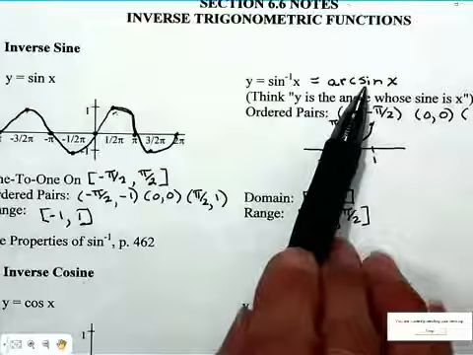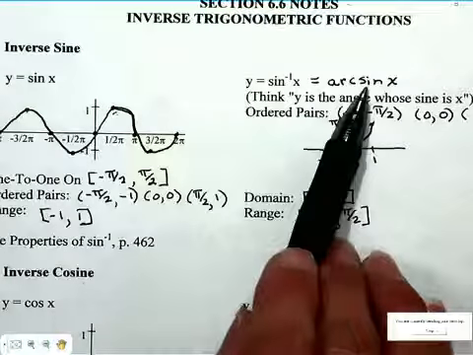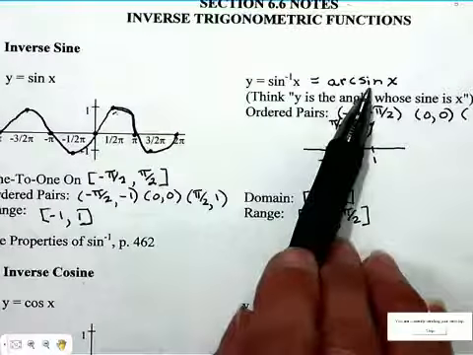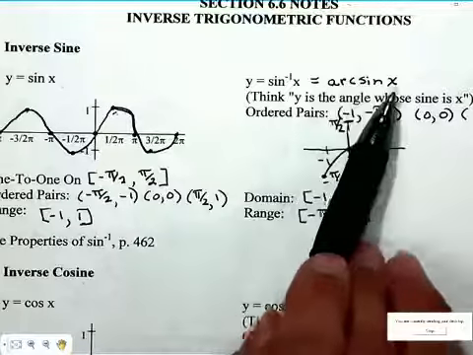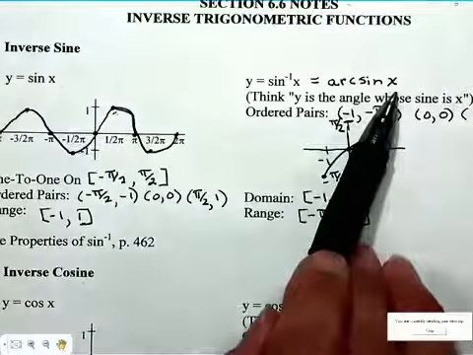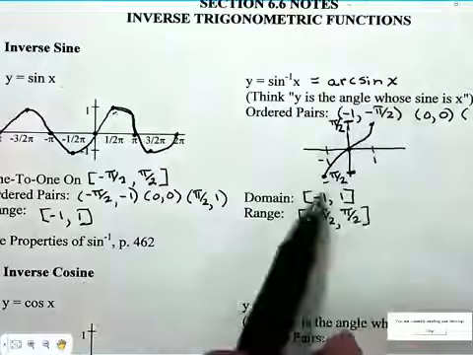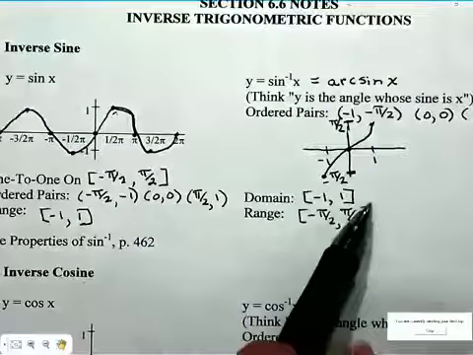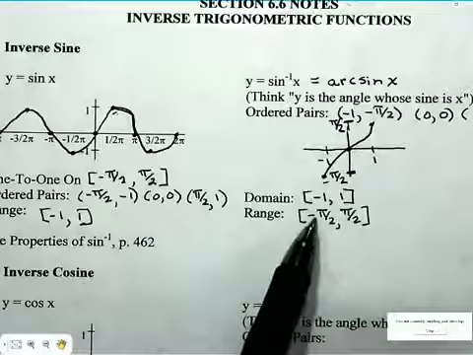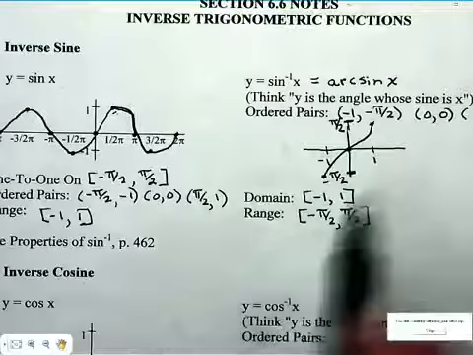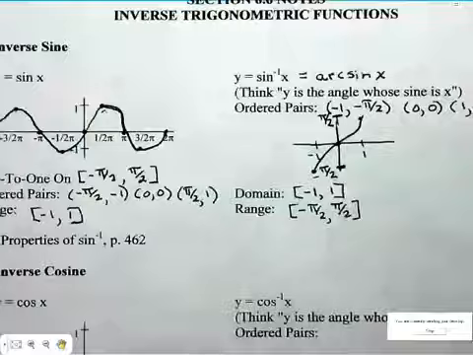Well, 2 is not a y value on the unit circle. The biggest y value on the unit circle is 1, and the smallest is -1. So if I say, what is arc sine, and then I give you a number that's outside the domain of -1 to 1, it's just undefined.